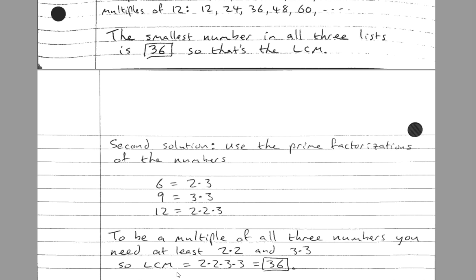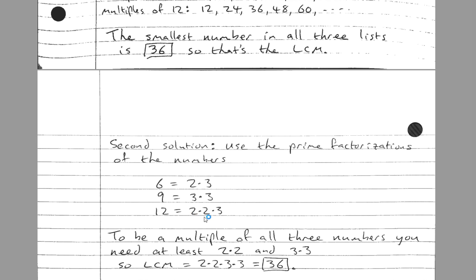So the least common multiple is 2 times 2 times 3 times 3. That's 36 again. So you're just looking for the smallest number of factors you need that covers all three of these numbers.